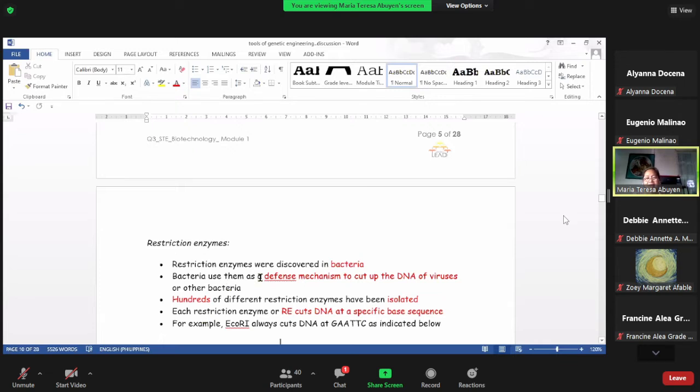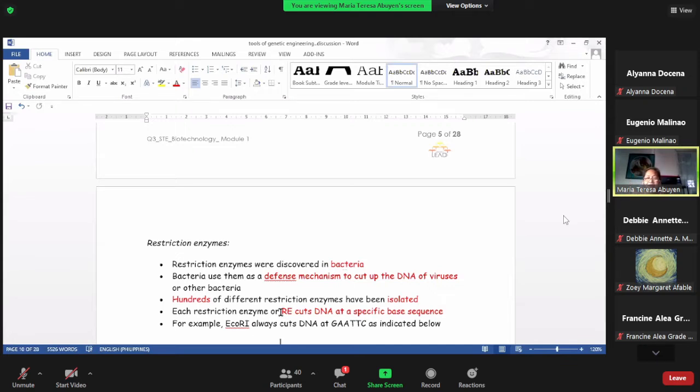Scientists have found that restriction enzymes are naturally produced in bacteria. Since they cut specific portions of the DNA, specific nucleotide sequences, they can be used in genetic engineering to cut segments of a DNA molecule.